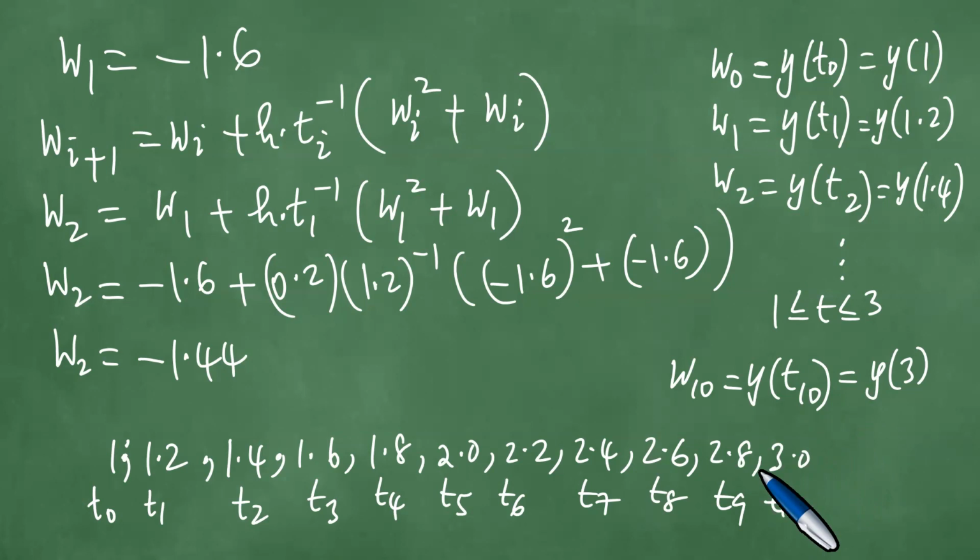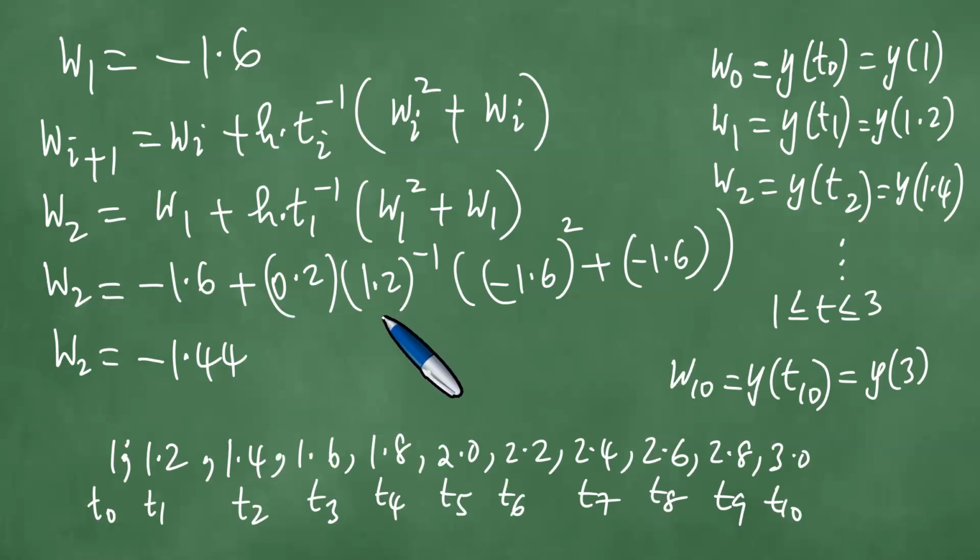So Y at T10 is that. And then it's W10. But now, if we're going to use Euler, we can't find W10 without W9. So we must go through all of them, because for us to get W2, we used W1. All right, so it's okay, we understand that.